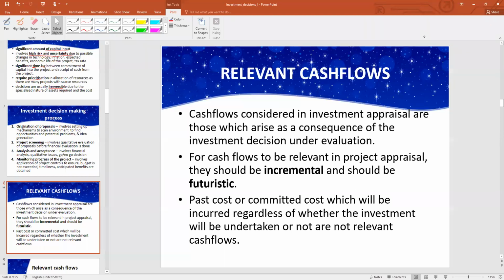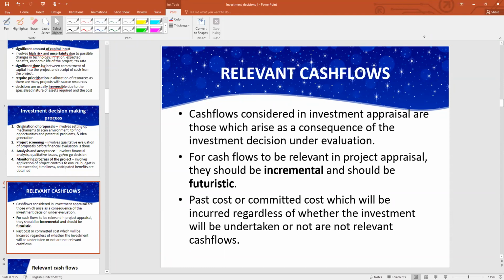There are some cash flows that we ought not to consider when making the decision as to whether to invest or not. Therefore, the cash flows that we should consider are only those that are incremental and occur in future: incremental and futuristic.